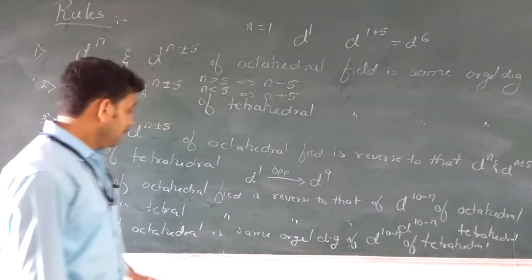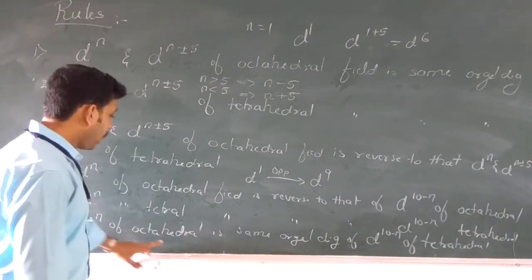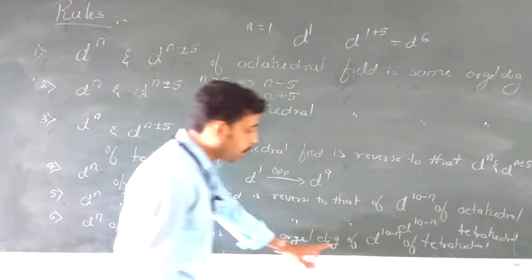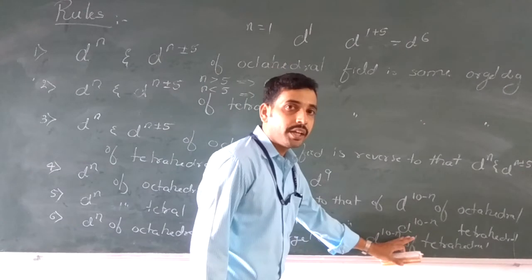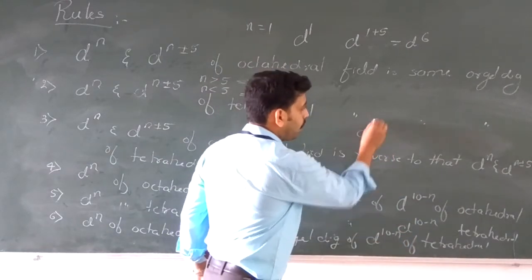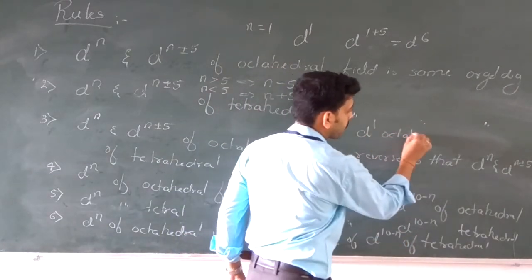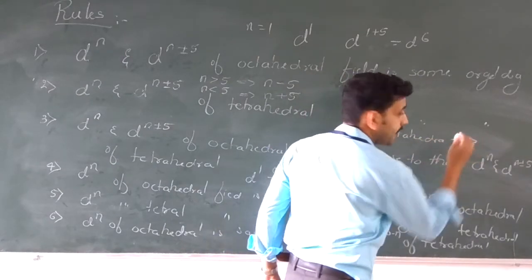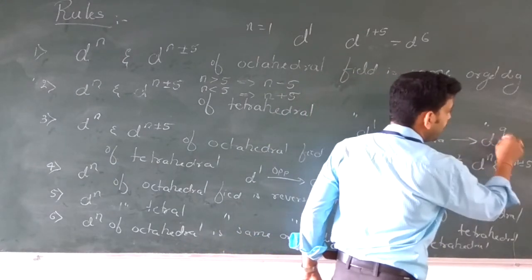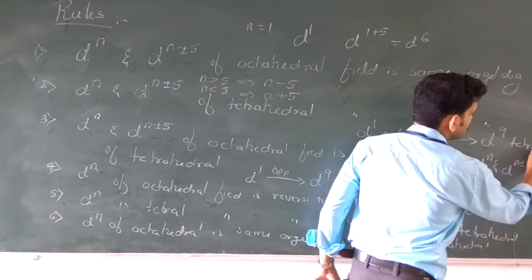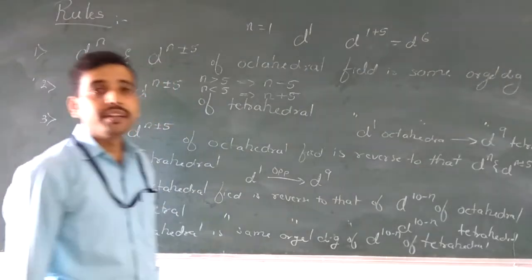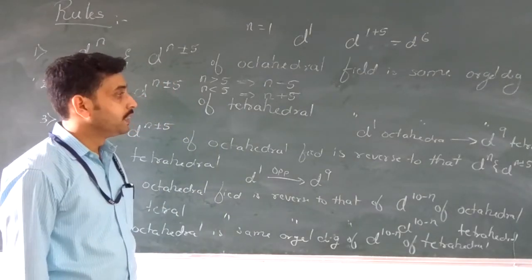The last one is Dn octahedral is the same energy diagram as D10 minus n, meaning D1 of octahedral geometry is the same energy diagram as D9 of tetrahedral geometry.